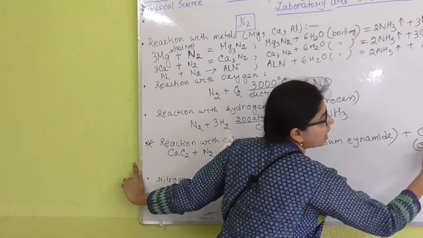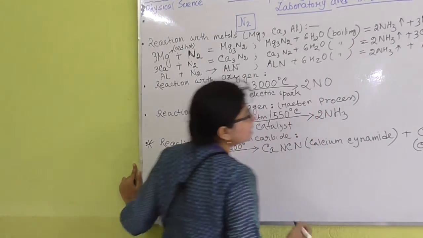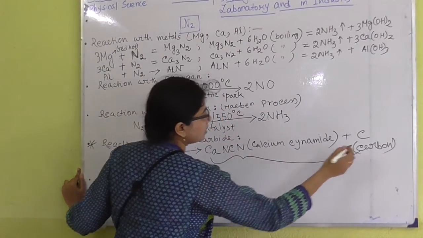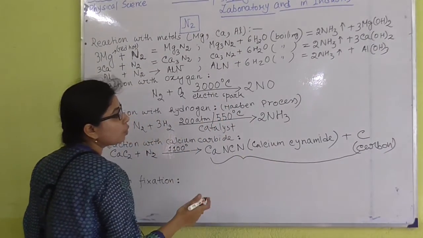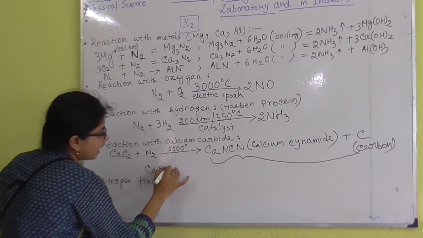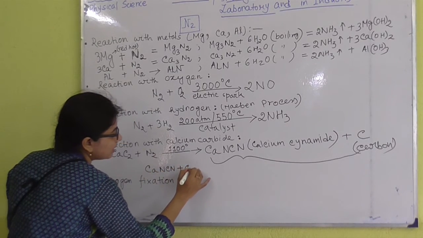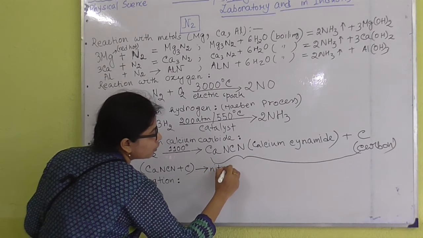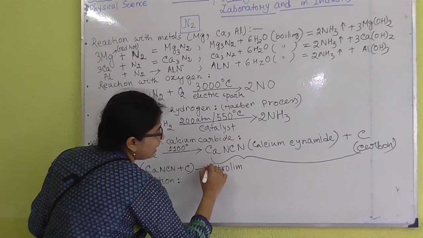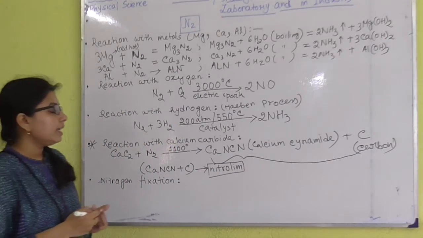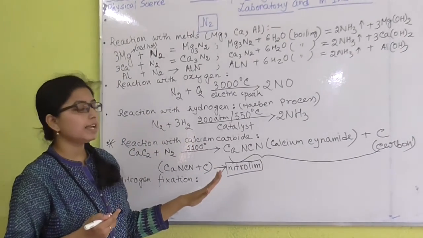Okay, just black carbon. So this mixture, that is calcium cyanamide and carbon, this mixture is known as nitrolim. I am writing here CaNCN plus C. This mixture is known as nitrolim. Okay, nitrolim is its commercial name and it is used as fertilizer.